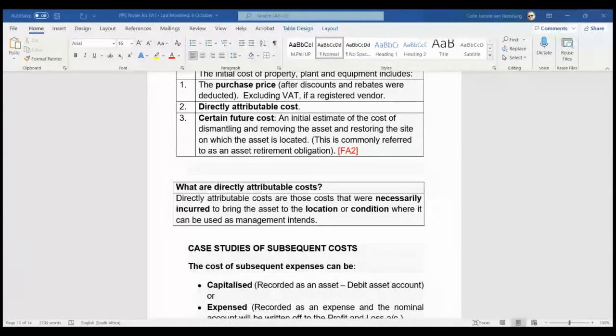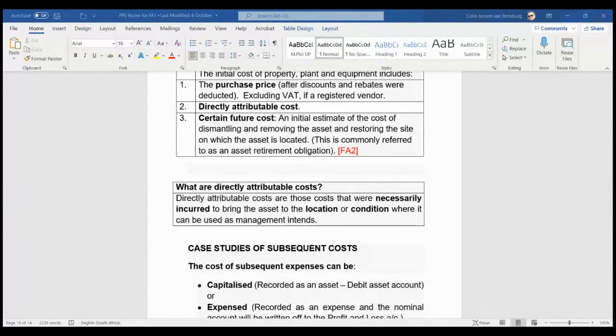In fact, IAS 2, which deals with inventories, has almost an identical definition for directly attributable cost. It is slightly different, but it is almost identical. All the essential words like necessarily incurred and location and condition also appear there.